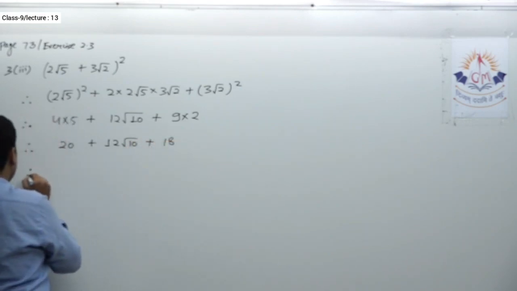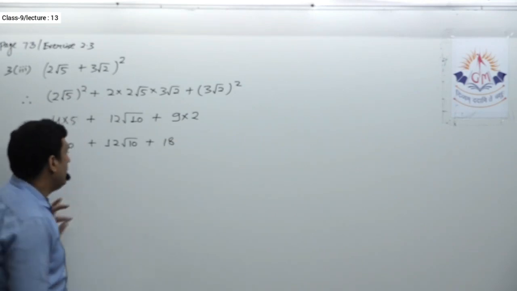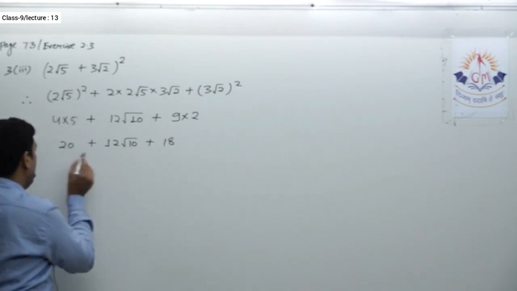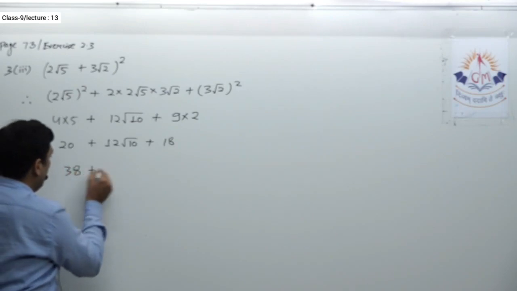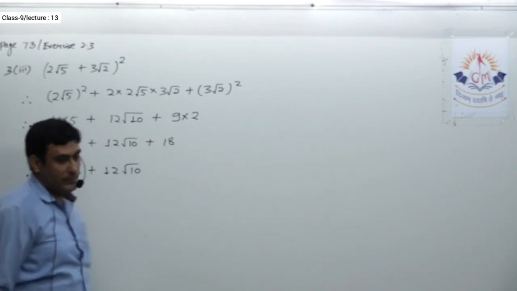Now I can add these two terms, first and last, because they are like terms. We can add them directly. So 20 and 18 is 38. So 38 plus 12 root 10 is the final answer.